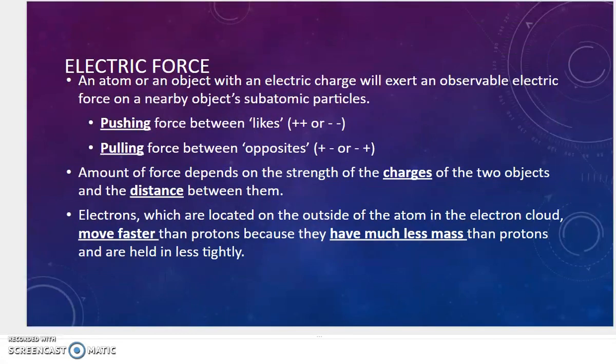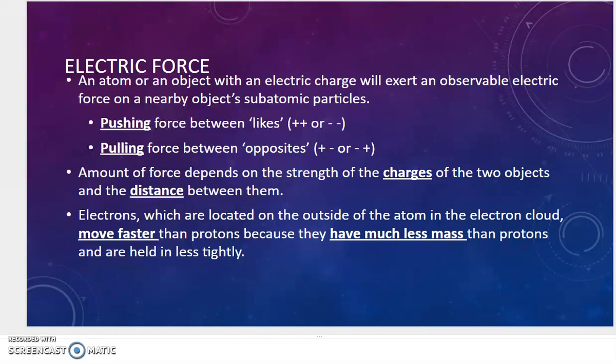If an atom or any object has an electric charge, that means it is either positively or negatively charged. As you know from working with magnets, when you have two like-charged items, maybe two magnets with the north poles facing each other, they push away from each other.